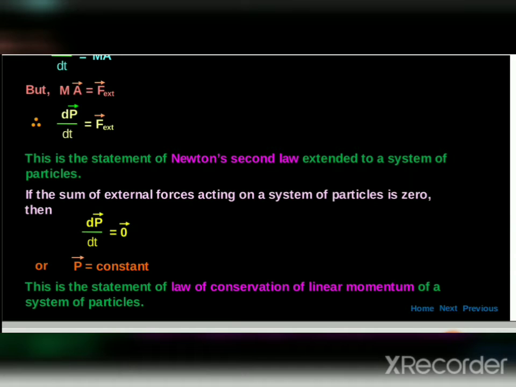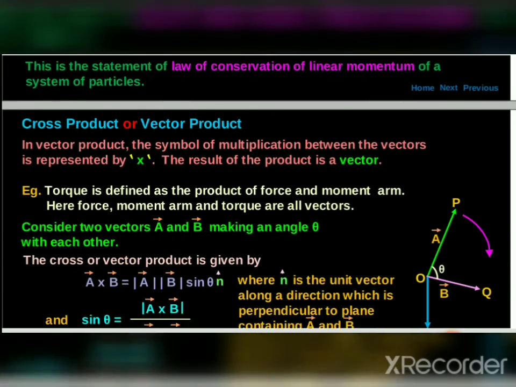But if the sum of external forces is zero, so that dP by dt is zero, then P remains constant, and this statement expresses the conservation of the linear momentum of the system of particles.